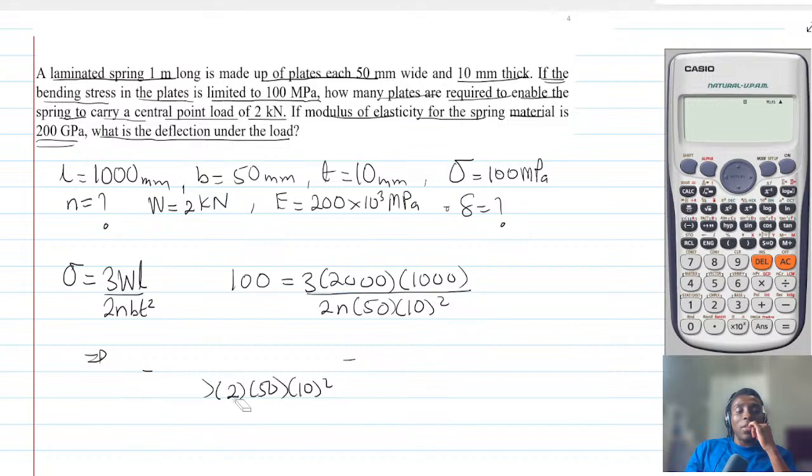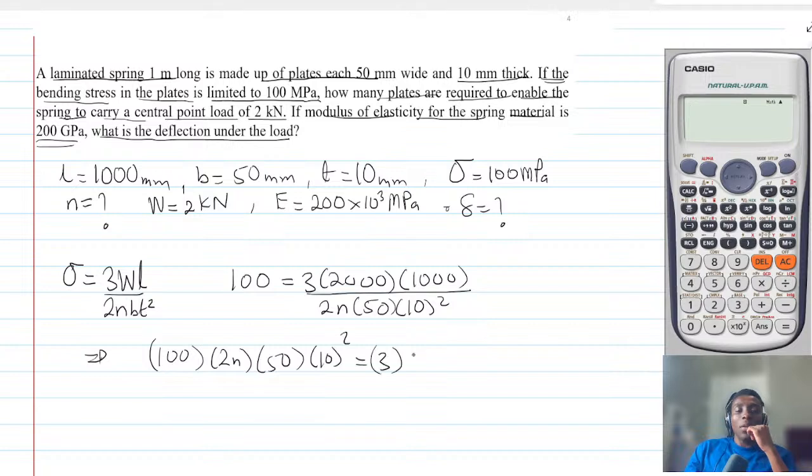Let me take my time and do it. When you cross multiply, it's going to be 100 times 2n times 50 times 10 squared, which is equal to 3 times 2000 times 1000.